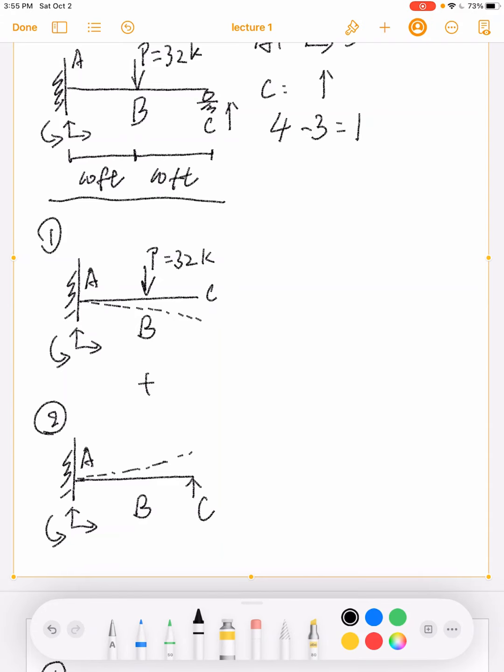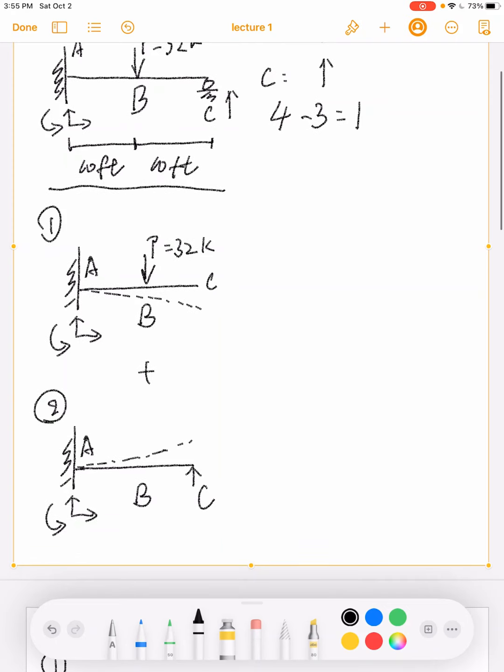Another way to understand this is to assume that we don't have any forces at point C. So when we apply the external load at point B, there will be some deflection at point C. But if there were some support reaction at point C, the force at point C will reduce the deflection at point C, right?